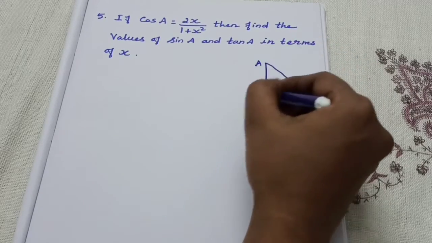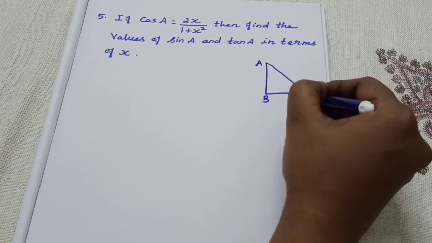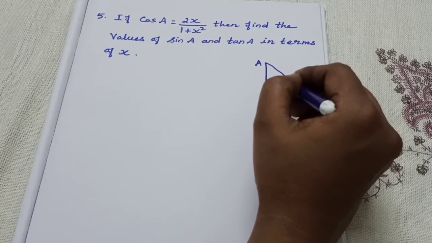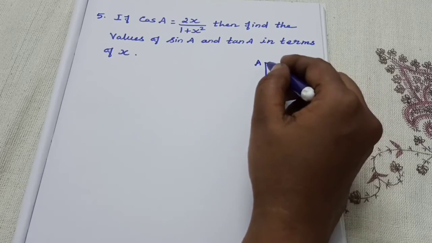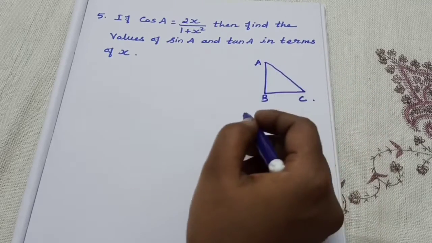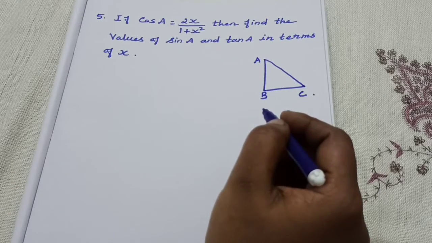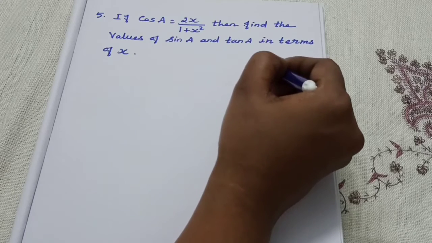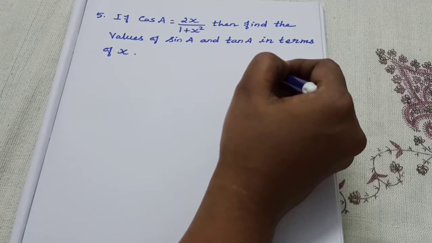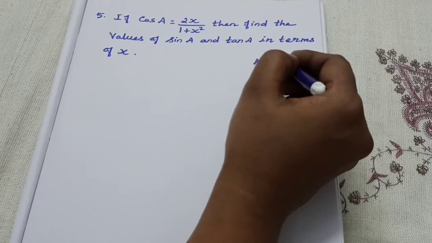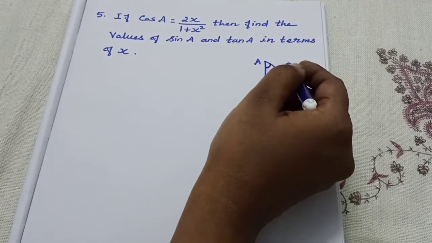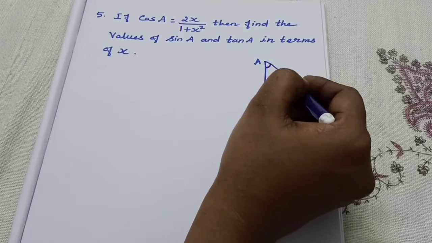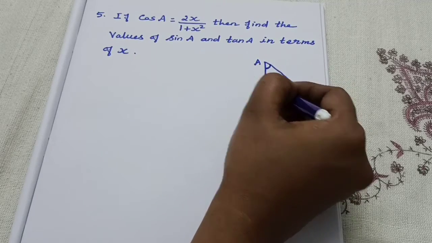Okay, this is A, B, C. A, B, C you should take. Here the angle is this one, angle A. Then cos A is equal to what's the ratio? Adjacent side divided by hypotenuse. This one is 90 degree.